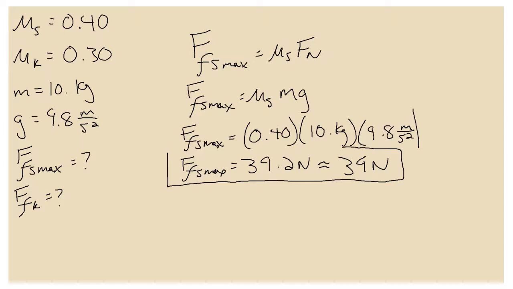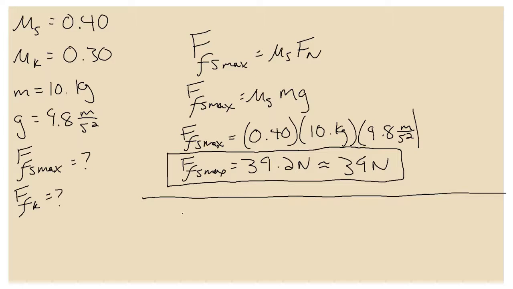Now, that's actually enough to answer a lot of this question, but just to be totally clear, we'll go ahead and solve for the kinetic friction force also. The kinetic friction force equation, as we just gave, is the coefficient of kinetic friction times the normal force, which is in fact equal to the coefficient times m times g.